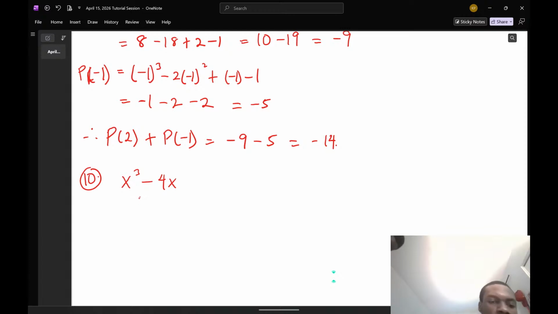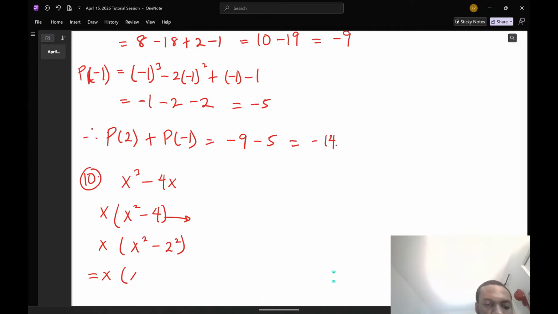If we divide through by x, we get x squared minus 4. This is difference of two squares. So we have x into x squared minus 2 squared, which will be x minus 2 into x plus 2. So this will be the answer for that.